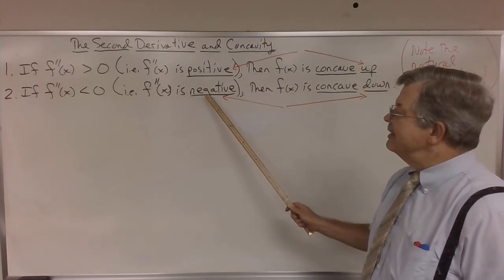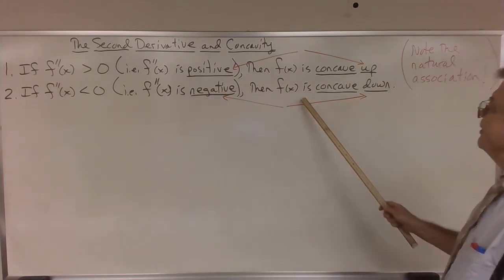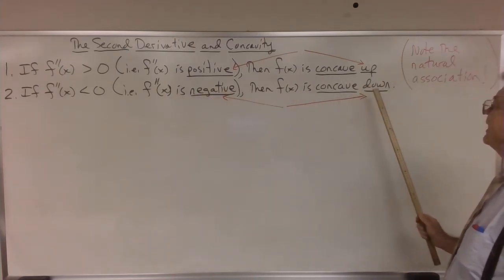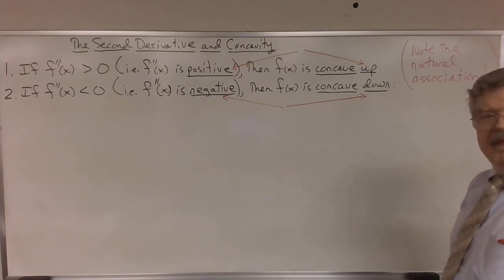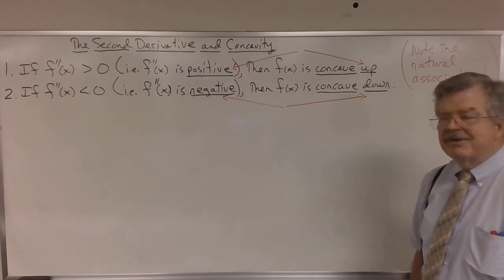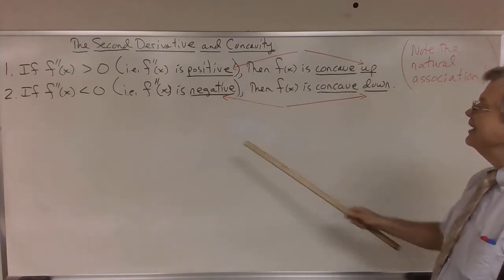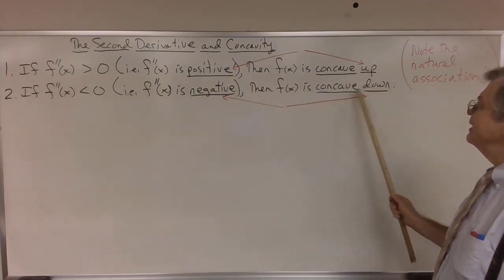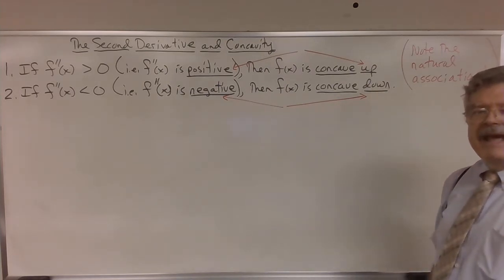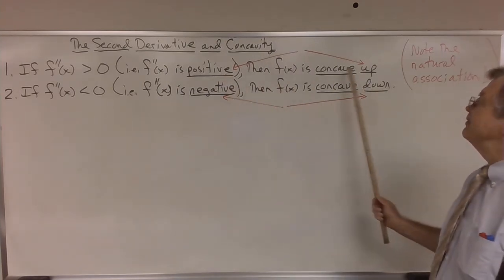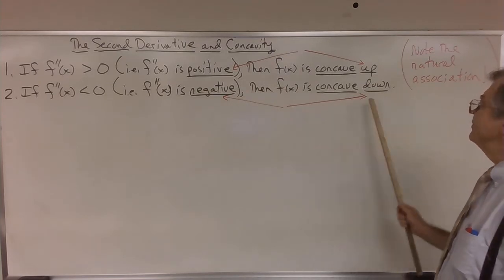If the second derivative is negative, then the original function f of x is concave down. And notice the natural association. Positive, concave up. Negative, concave down. It's natural to associate positive with up, negative with down.